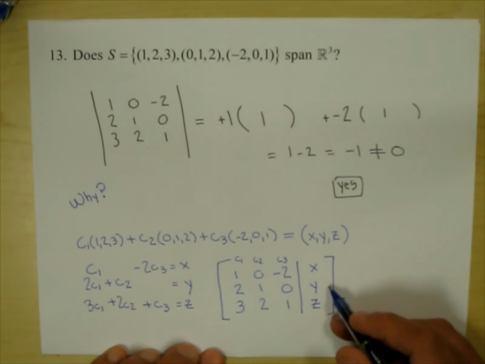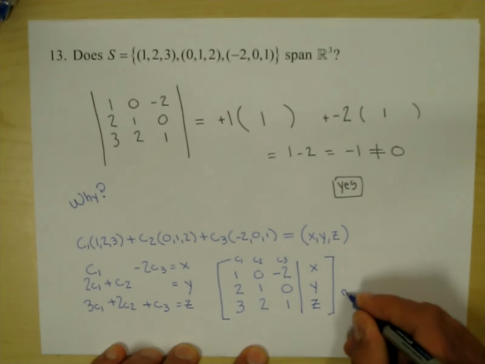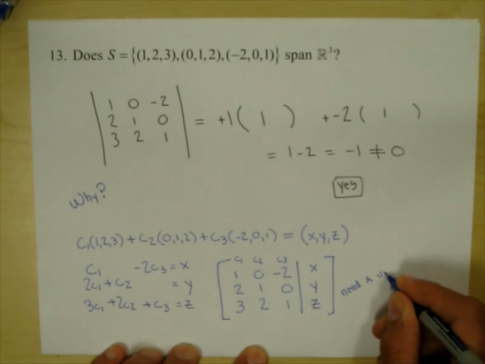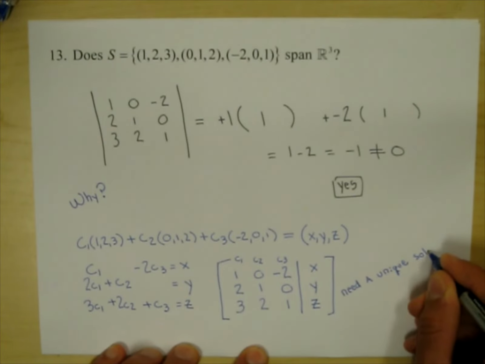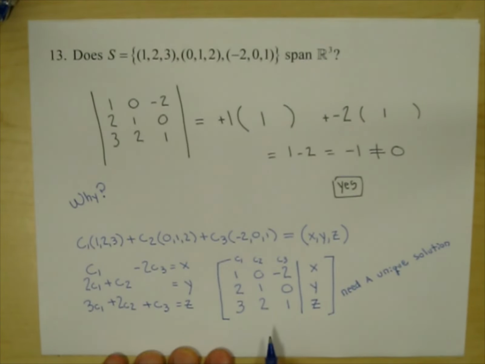What you need is a unique solution in order to get this, because if you had a unique solution, you would end up, okay, let's go the other way around.